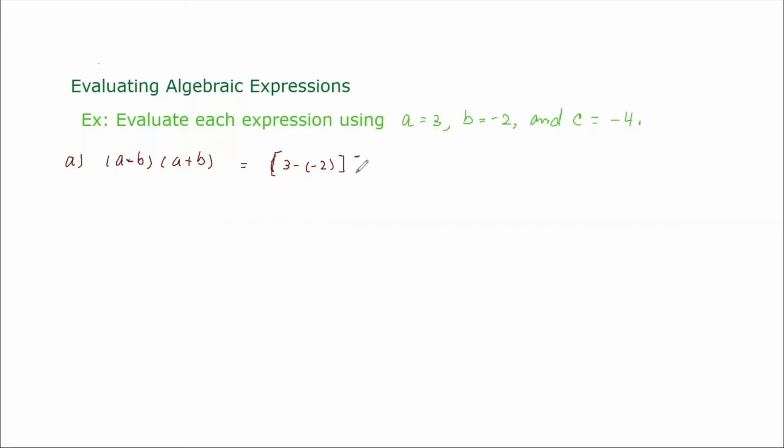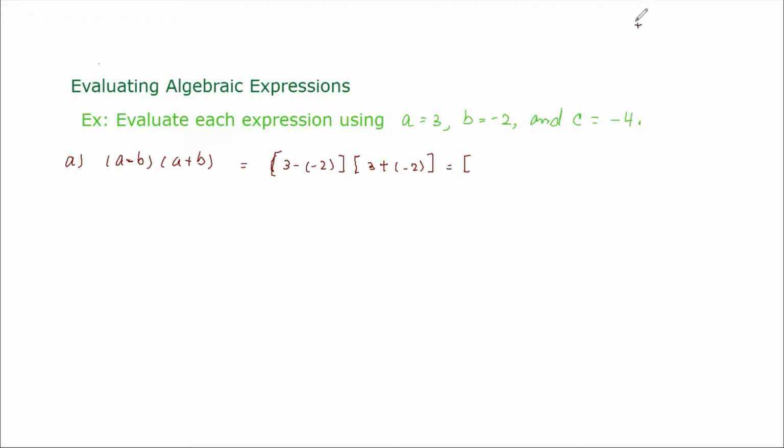Okay, and next one, a is 3. So you write 3 plus the sign from the equation, but b is equal to -2. And then you simplify. So what we have here is 3 minus times minus 2. Minus times minus should be plus. Now I'll give you this rule for multiplication.